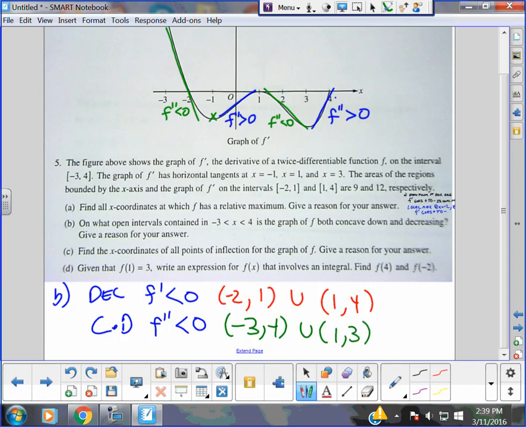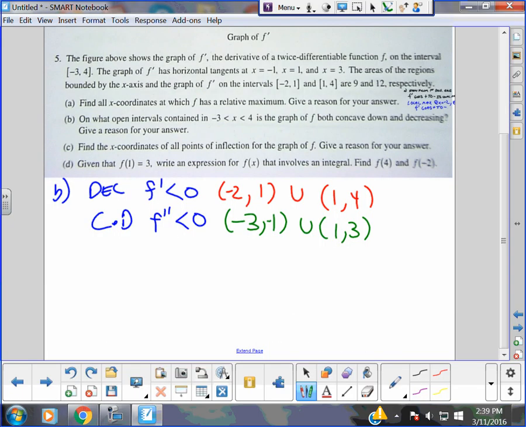The simple question now becomes, where do these regions overlap? They overlap, so decreasing and concave down happens on -2 to -1, the overlap of these two regions, and over on this one, 1 to 3.